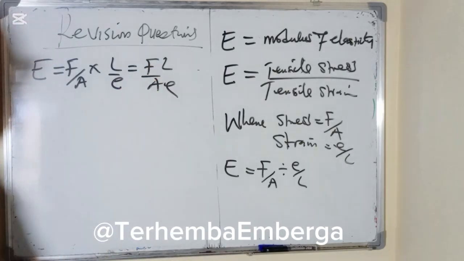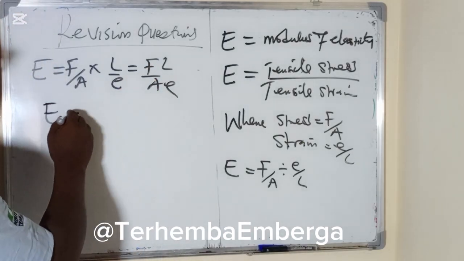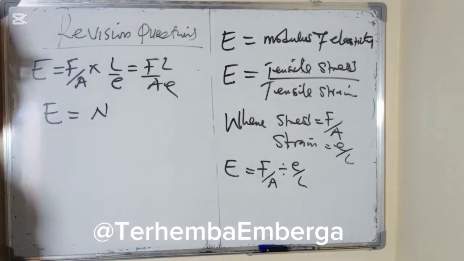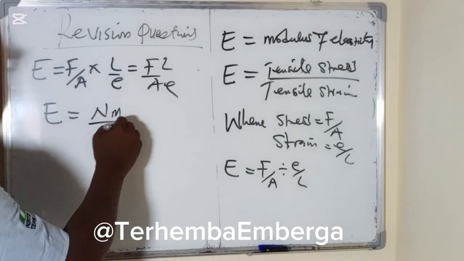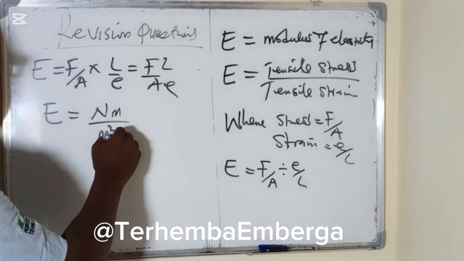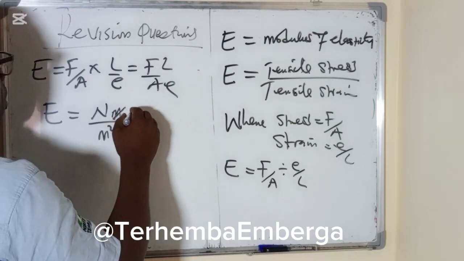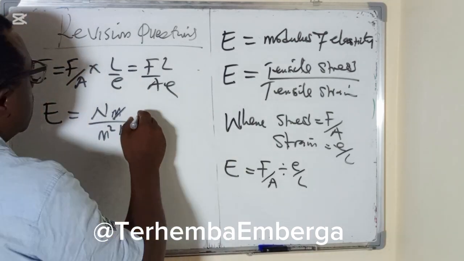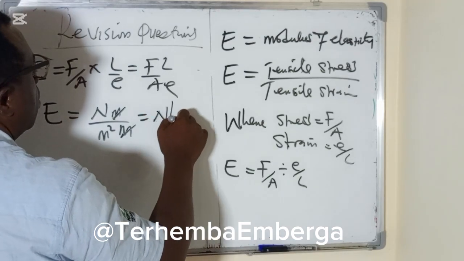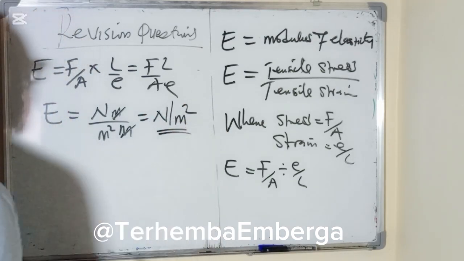This is in Newton, so we can say that E is equal to Newton meters all over meter square meters. So this will take care of this. So the unit of modulus of elasticity is Newton per meter square.